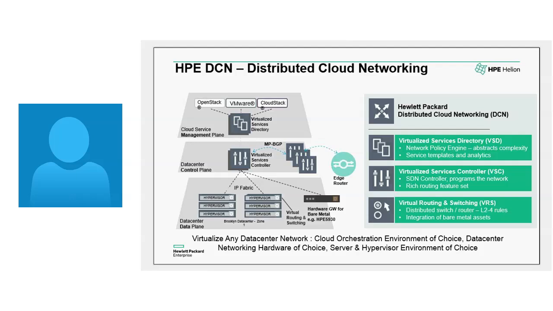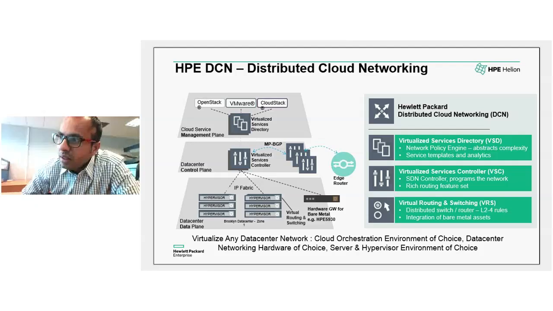Your VSC is actually the controller which is talking to its other peers. Now these other peers might be in different data centers as well. If you look at the PPT that I presented, there's a hardware gateway for bare metal, for example a 5930.